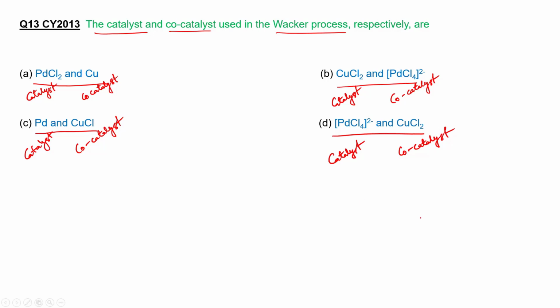Now coming to the answer. It is an easy question. We just have to find out the Wacker process. If we write down the Wacker process, then we can easily find out which is the catalyst and co-catalyst.